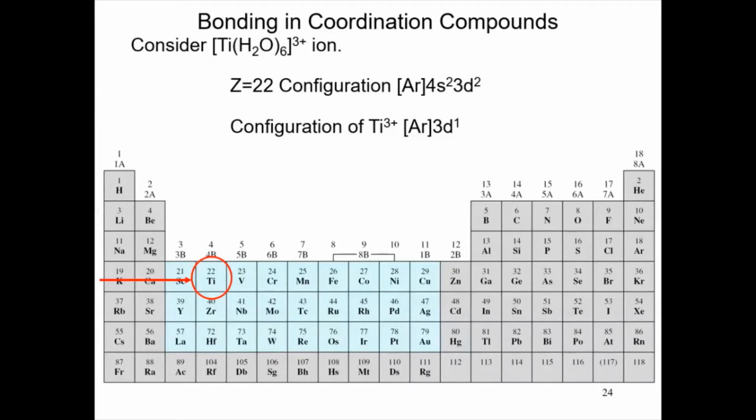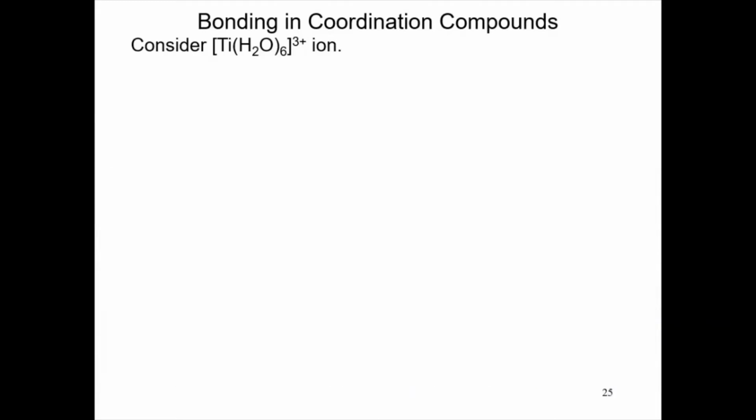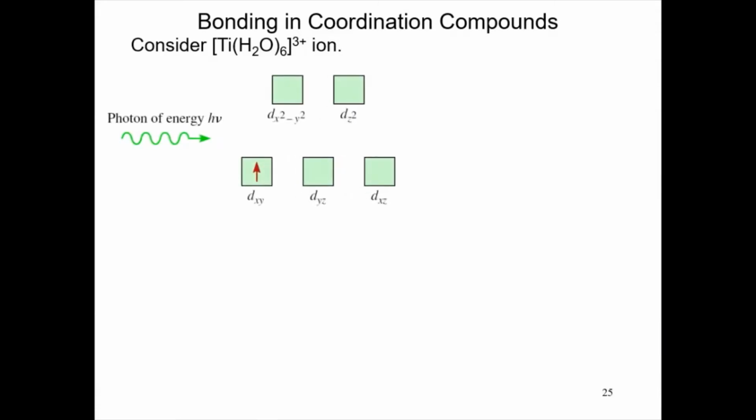In other words, this particular ion has 1 electron in the d subshell. Okay? Let me give you a few seconds to absorb that. You gotta remember how to do these things from Chem 1A.